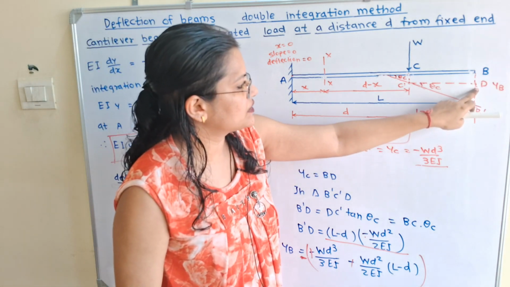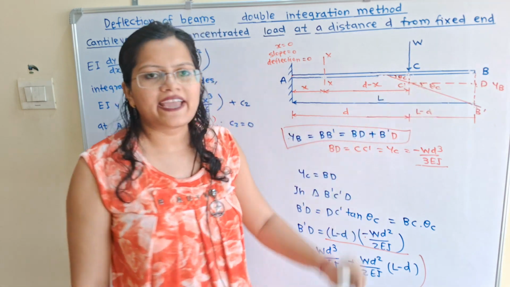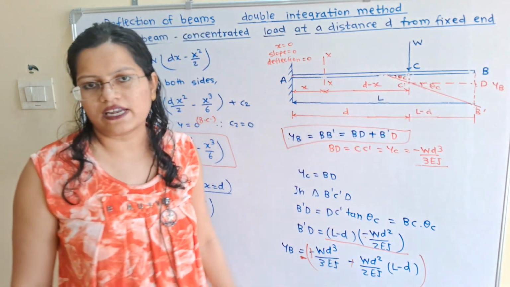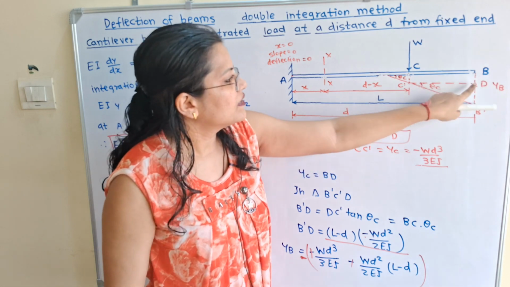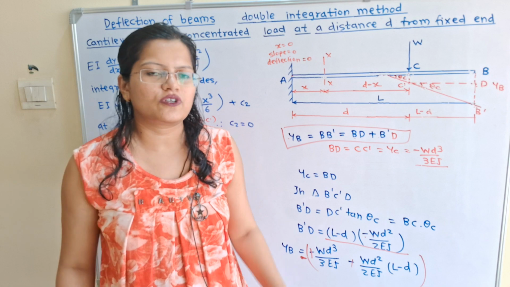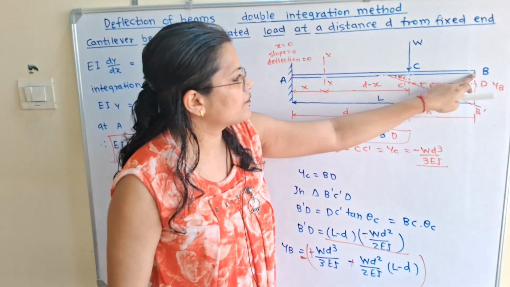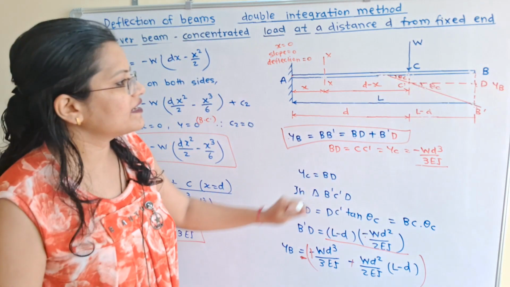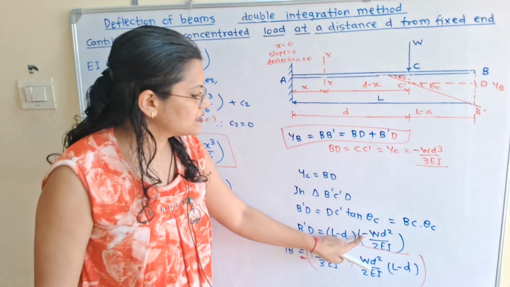So here is B dash D. In this triangle B dash C dash D, here is the angle theta C, because these two are parallel lines and this is the common inclined line, and therefore we can say that B dash D is equal to DC dash tan theta C. But this theta C is very small, so tan theta C is equal to theta C, and this DC dash is equal to BC, and this BC is equal to L minus d. So B dash D is equal to L minus d inside the bracket.